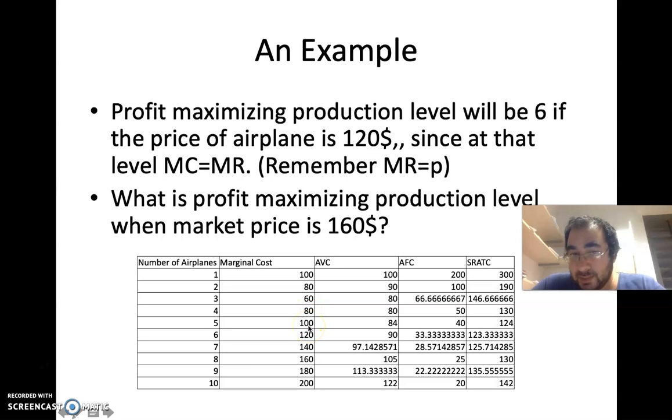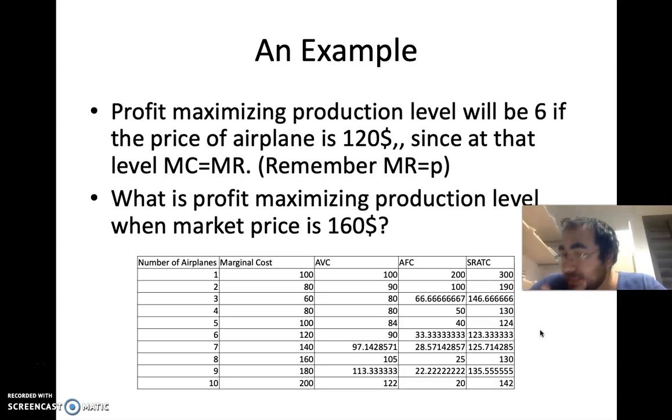So at 100, when the price is 100, then the profit maximizing output level is 5. Note that at the profit maximizing level, actually the company might be making a loss. For example, at unit 5, since the price is 100, but the average cost is 124, per unit the company is making 24 units of loss.